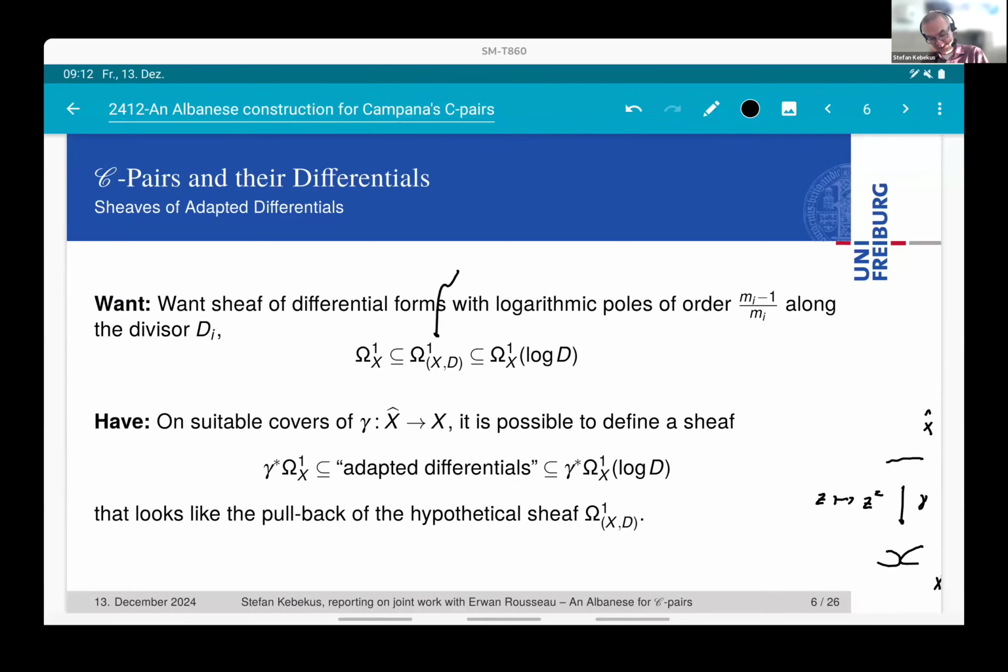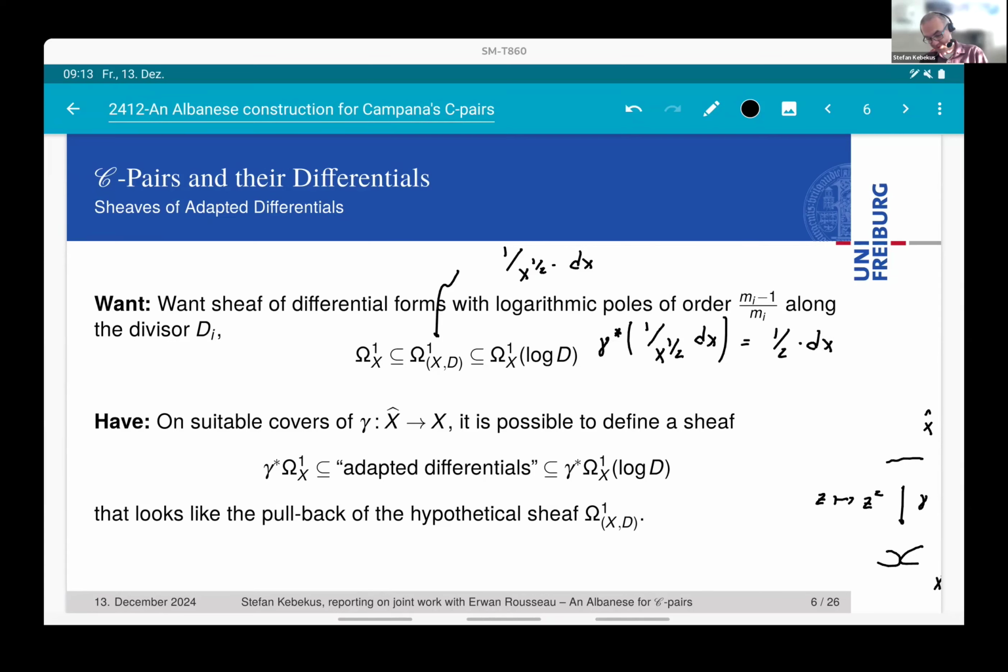This sheaf should be something like 1 over square root of x dx in this simplest setting. And that doesn't exist. But then, of course, when I take the gamma pullback of this hypothetical differential and apply the formal rules of differentiation to it, then out comes 1/2 times dx.